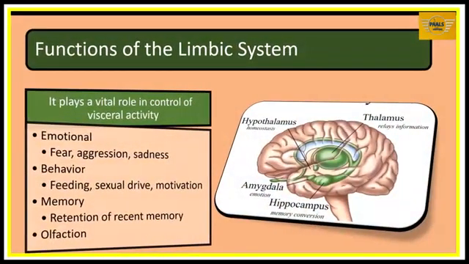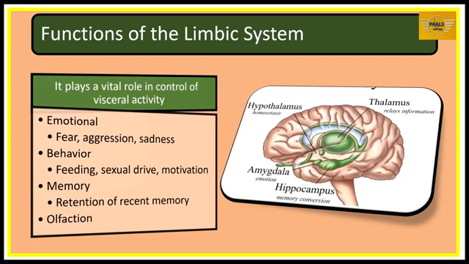At this stage, we'll generally look at the functions of the limbic system. In the course of the lecture, we will break the functions into the specific regions of the limbic system. Generally, this system plays a role in the emotion of the individual, such as fear, aggression, and sadness.